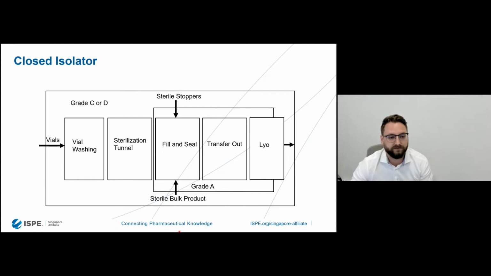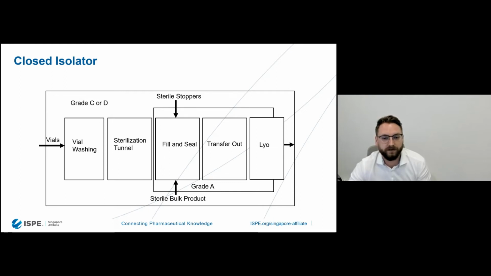So we do have a sterile environment here after the decontamination cycle. But if we go back to the definition of aseptic processing, it's where sterile liquid is combined with sterile components and sealed with a sterile stopper in a sterile environment. So everything is sterilized prior to being introduced to the isolator or RABS line itself.